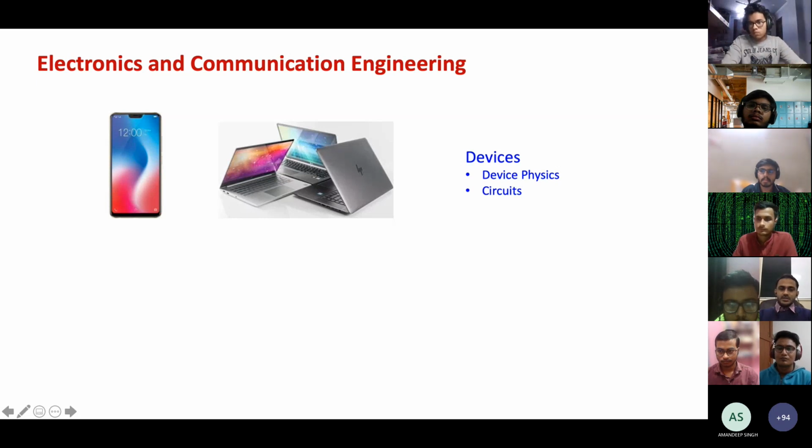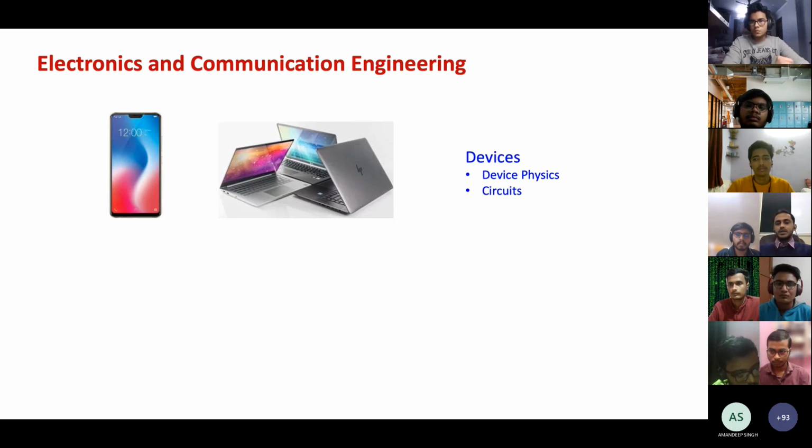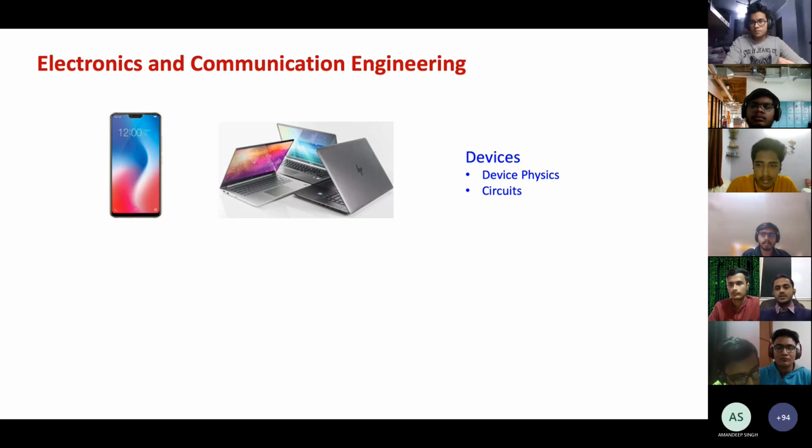So the first thing we need to understand in electronics and communication engineering is the electronic devices and the circuits made out of these devices. We need to understand the device physics, how the device functions, and generally we need to understand the electrostatics of the device. Sometimes electromagnetics is also involved, and then circuit theory.